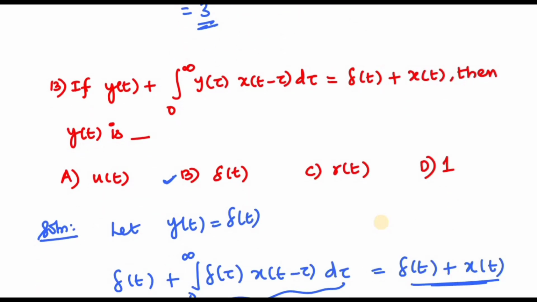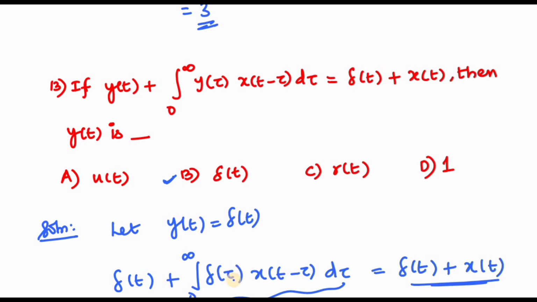Next, if y of t plus the integration from 0 to infinity of y of tau x of t minus tau d tau is equal to del t plus x of t, then find y of t. If we substitute the answer b, that is y of t equal to del t here, you will get del t plus the integration from 0 to infinity of del of tau x of t minus tau d tau.